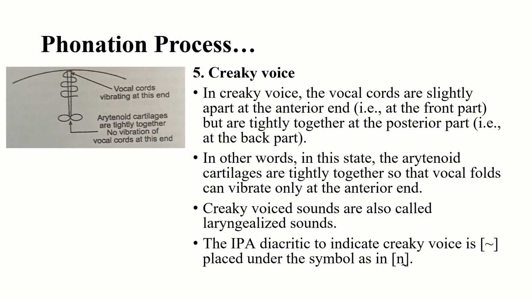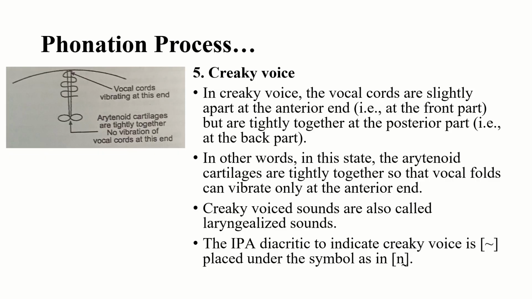So next one is creaky voice. In creaky voice, the vocal cords are slightly apart at the anterior end, means at the front part, but they are tightly together at the posterior part, means back part. It means in this state, the arytenoid cartilages are tightly together so that vocal folds can vibrate only at the anterior end, means at the front part only.